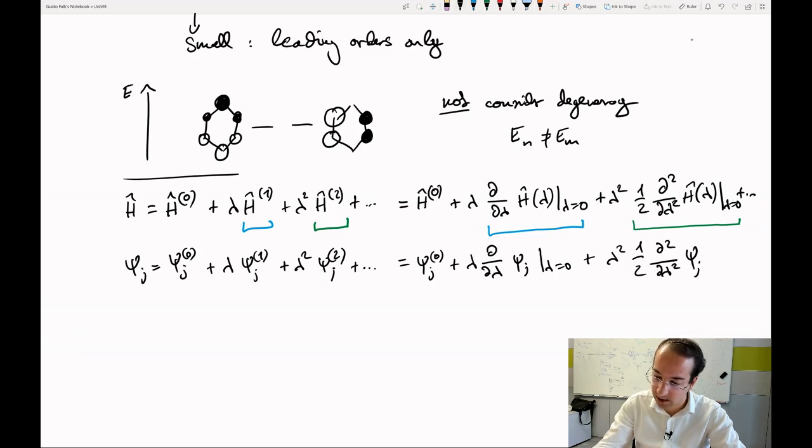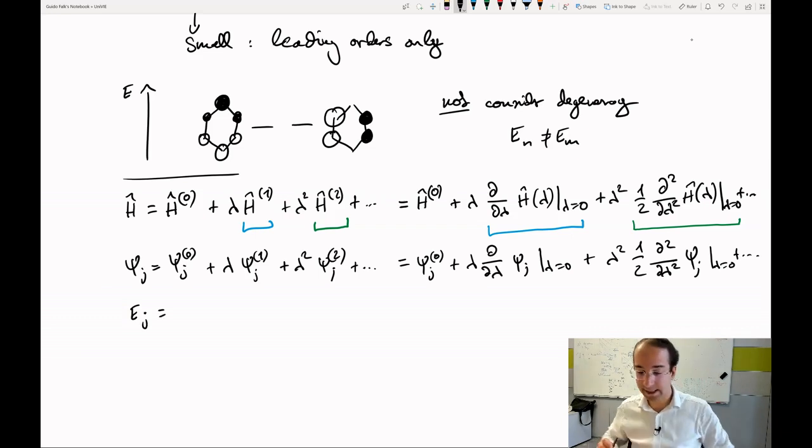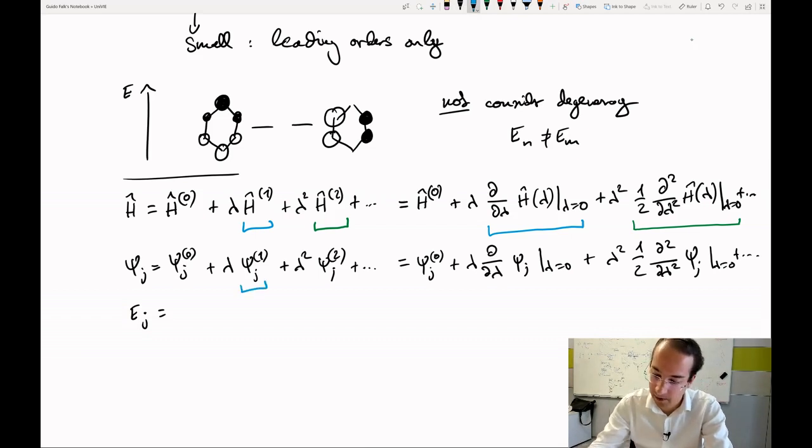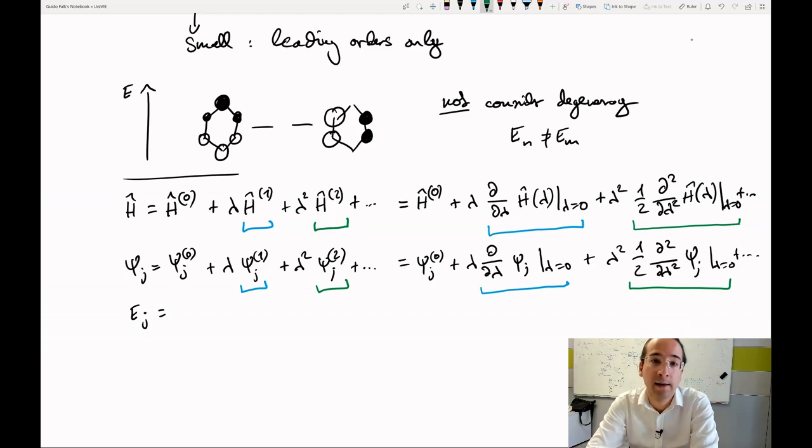I will not write this down explicitly for the energy, but you will get the idea. In all of those cases, the important thing is to identify the corresponding orders in lambda, and we will use this regularly in considering the different expressions.